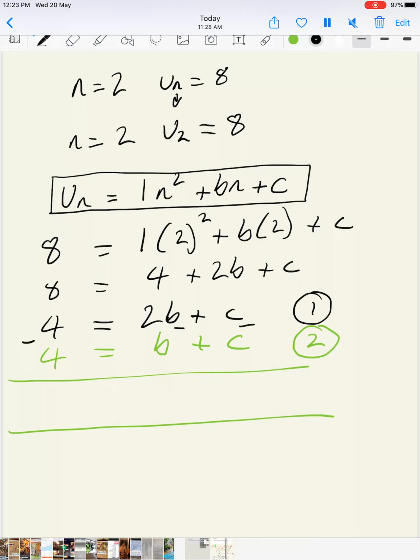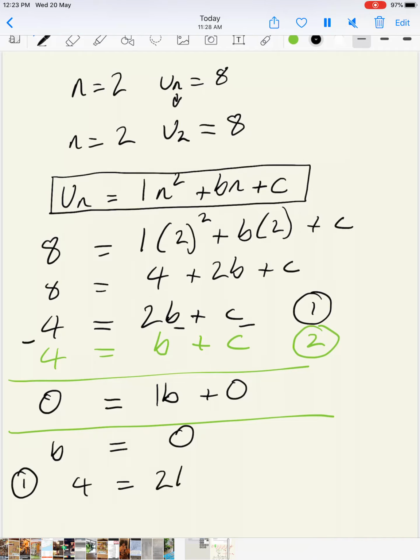It's under the algebra menu. So I'm just going to subtract equations because this is going to be quite an easy solution. In fact, it turns out b equals 0 for this. And so then find the value of c by substituting b equals 0 back into one of the equations, and you should find actually that the b is 0, therefore c comes out to be 4.